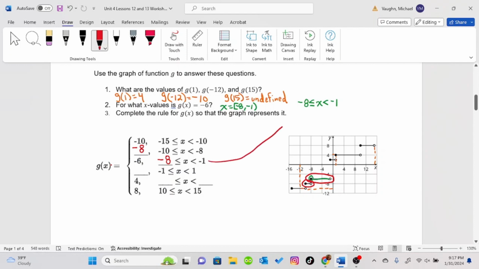You can see this matches what we found in part 2. Next, the function equals blank when x is between negative 1 included and 1 not included. That would be this segment up here when y is equal to 2.